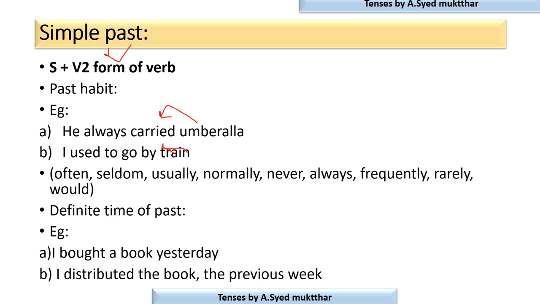In these cases also we can use simple past. If these words appear in a sentence, we can confidently use simple past. It is also used if the past is mentioned definitely. For example, I bought a book yesterday. They directly mentioned yesterday, so we can use past. The form of past is the V2 form.